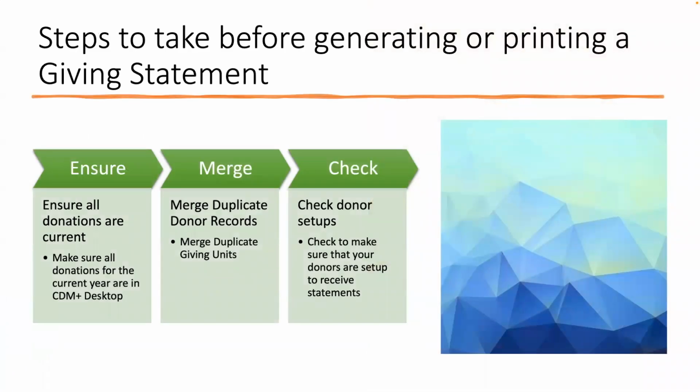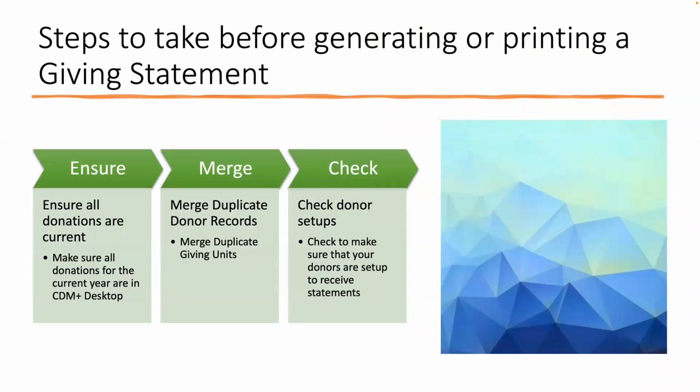So first, let's take a look at what steps you should take before generating or printing a statement. First of all, you should ensure all your donations are current. That means you need to go through your data and make sure that you have all of your donations in the system. Next, you need to look at your donor records, and if you have any duplicates, you need to merge them.